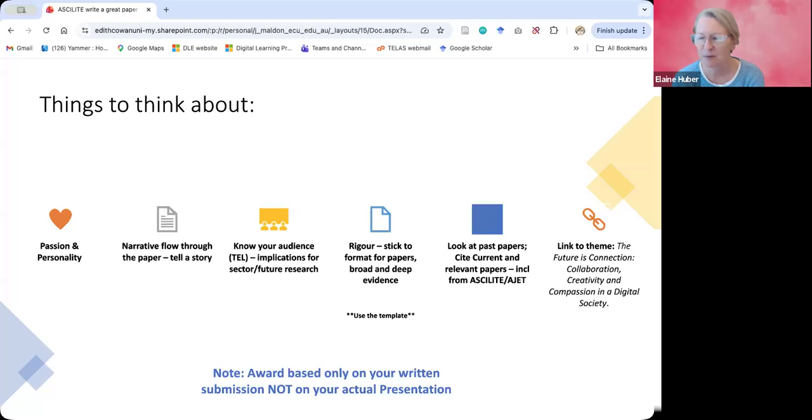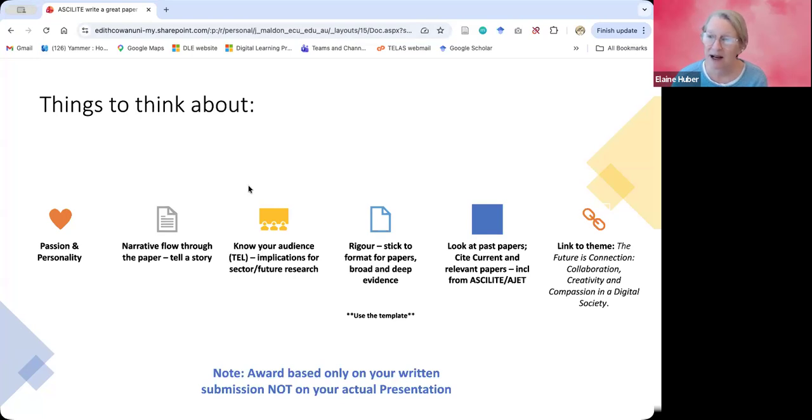We're really looking for papers that bring out your passion and your research interests, but also have a little bit of your personality in them. I think that often makes for a good paper, when you really feel the humans behind the writing. So yeah, no AI generated content, please.